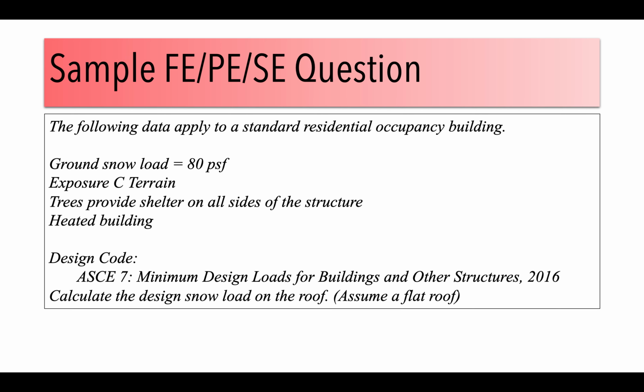Then you are told that the exposure terrain is C, and the trees provide shelter on all sides of the structure, and it's also a heated building. Okay, and then you're told to use ASCE 7 to calculate the design snow load on the roof. And of course you're told to assume a flat roof.